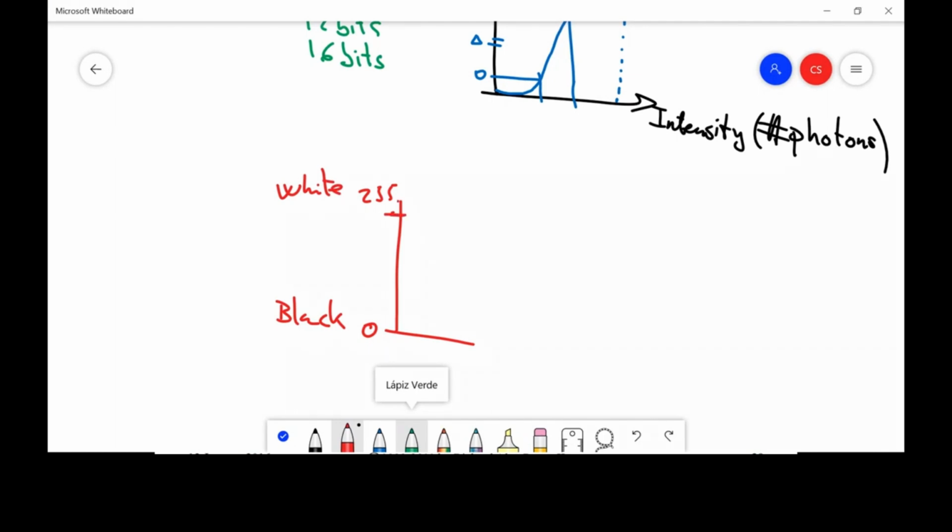And now let's consider the difference between 254 and 255. This is with 8 bits. Now with 16 bits I have here 65535, and this is white. 0 is still black.